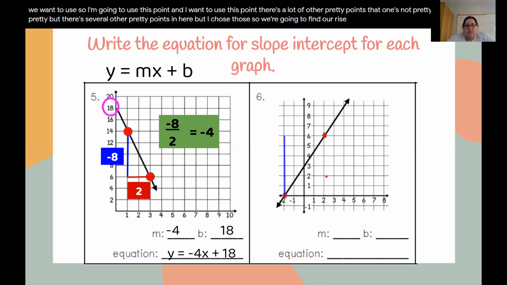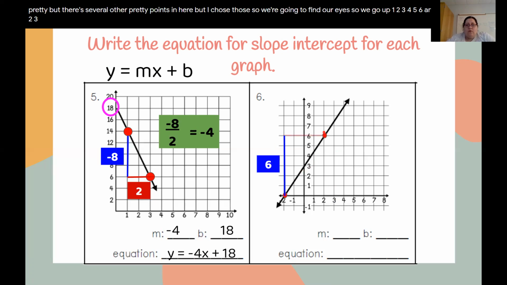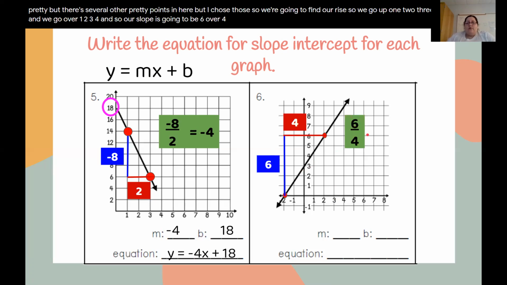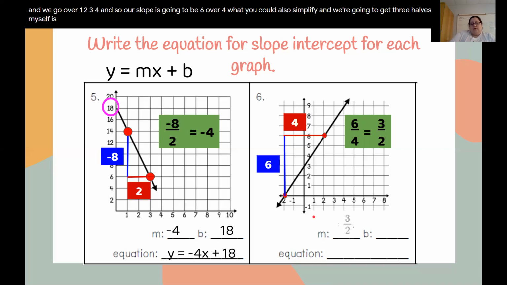So we go up 1, 2, 3, 4, 5, 6. And we go over 1, 2, 3, 4. And so our slope is going to be 6/4, which we could also simplify. And we're going to get 3/2. So my slope is going to be 3/2.